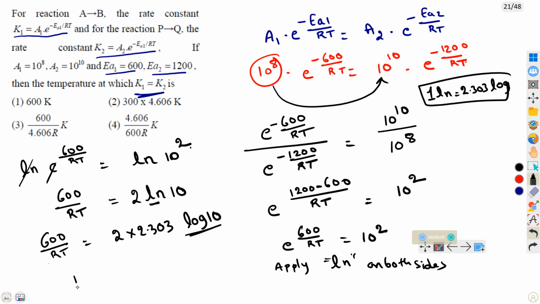Now RT is equal to 600 by 4.606. T is equal to 600 by 4.606 into 6 into R. Based on that, the third option is correct.